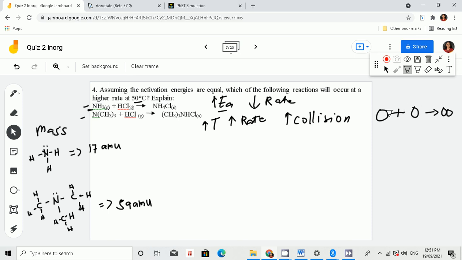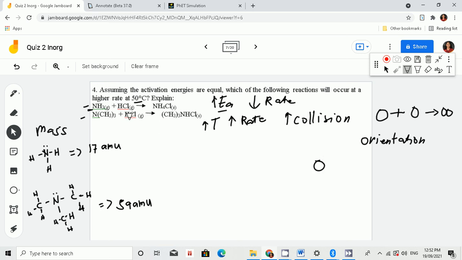Sometimes a collision is not successful because of the orientation of the molecules. Because of the bulky groups, it's complex just looking at it. A molecule spins when it moves, and then it collides with HCl.